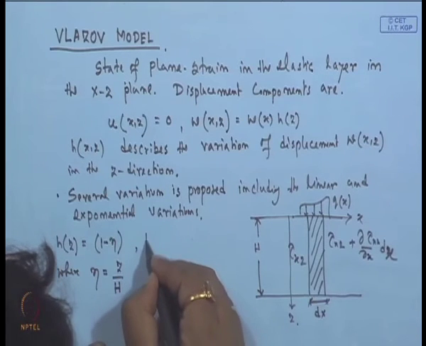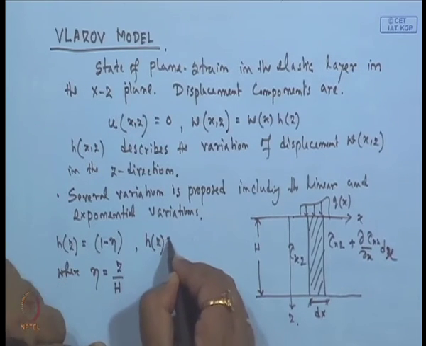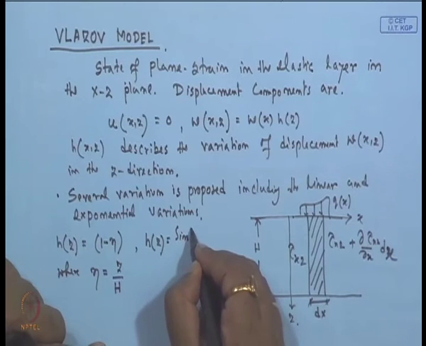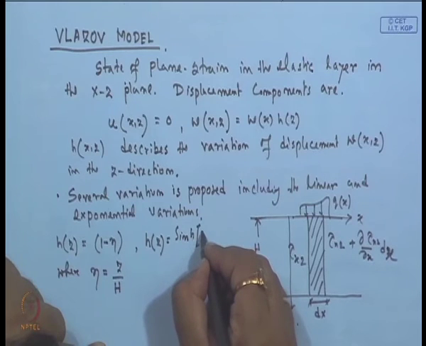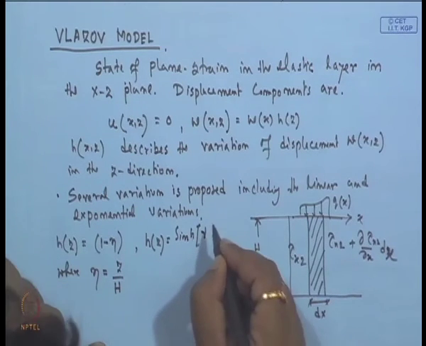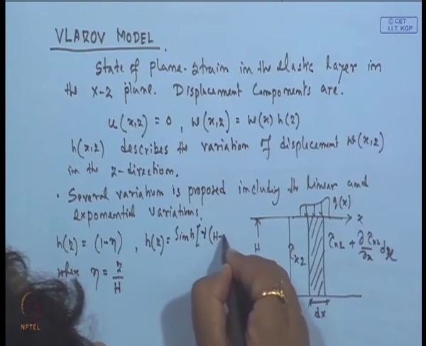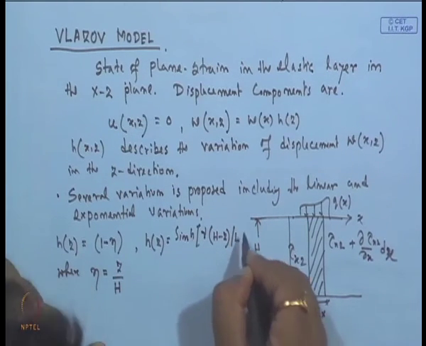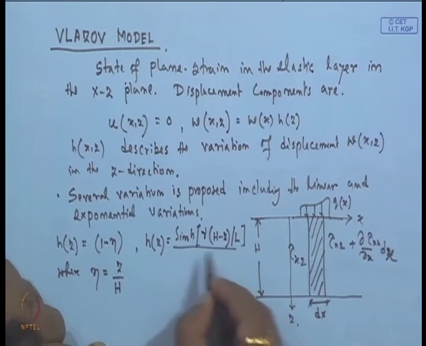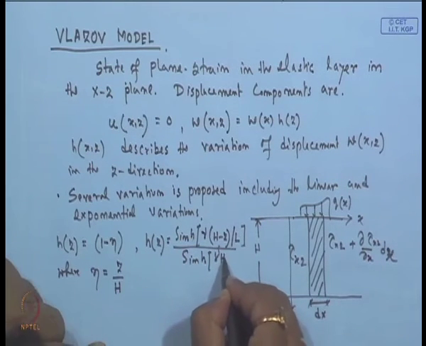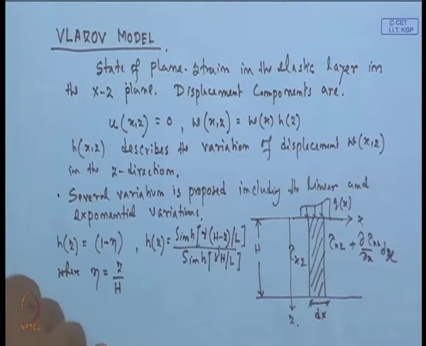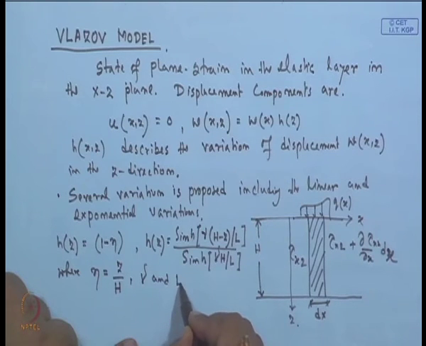Another one is h z equal to sinh gamma (h minus z) divided by L, divided by sinh gamma h divided by L. Here gamma and L are constants.